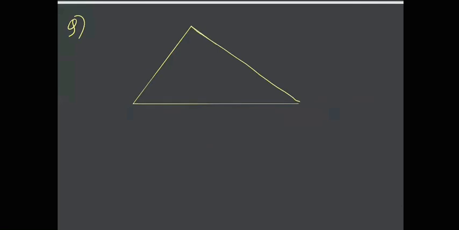So say we are given a triangle ABC, and say AD is the angle bisector and I is the incenter of the triangle.